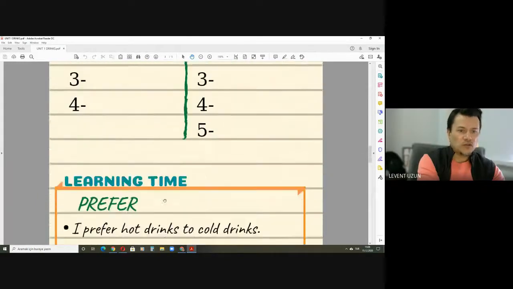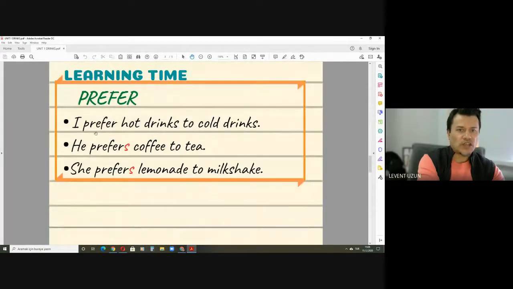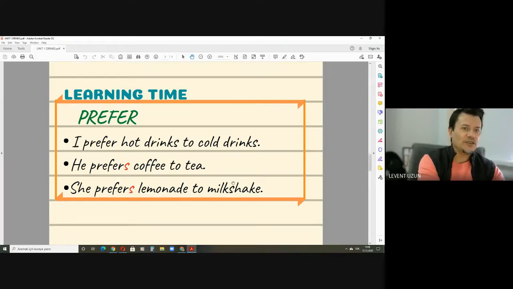Well, you could, and you teach them a new structure here. Prefer something to something. So, well, you can use hot and cold in this activity, can't you? Like this sentence. Yes, I can. You can add hot and cold.